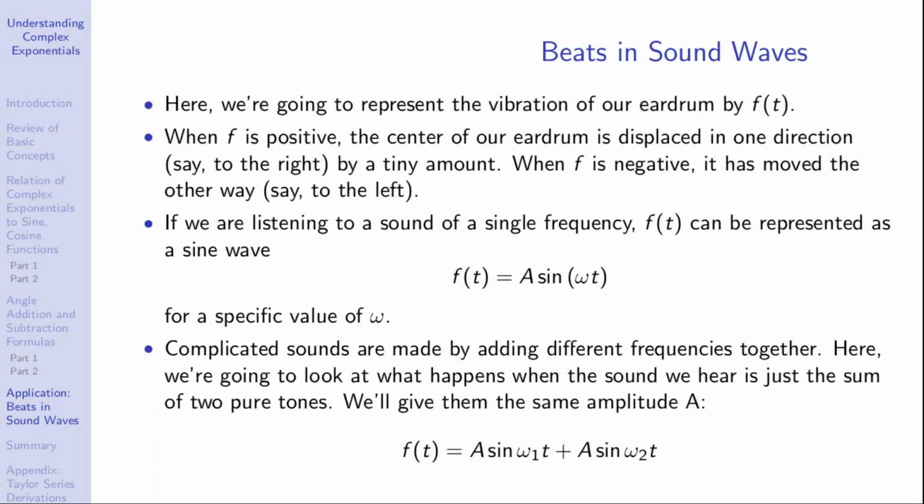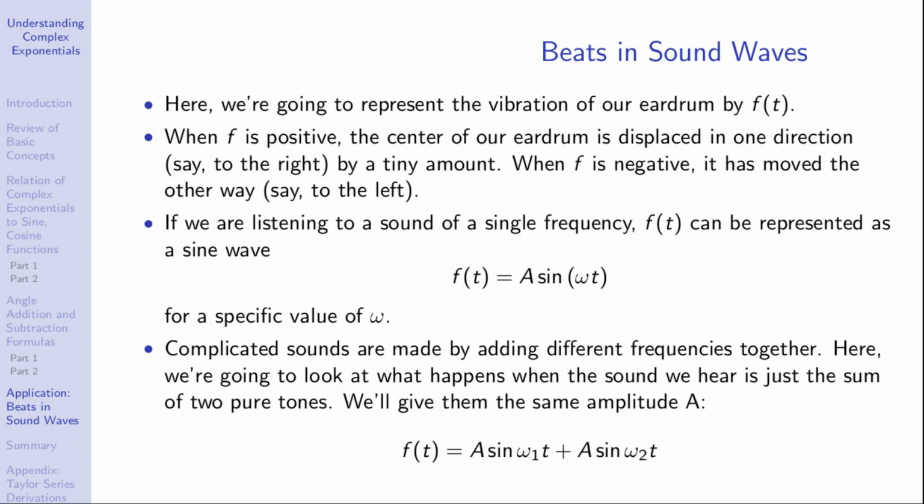Okay, so here we're going to represent the vibration of our eardrum by a function that we will call f of t, where t is time. When f is positive, the center of our eardrum is displaced in one direction, say to the right, by a tiny amount. When f is negative, it is moved the other way, say to the left.